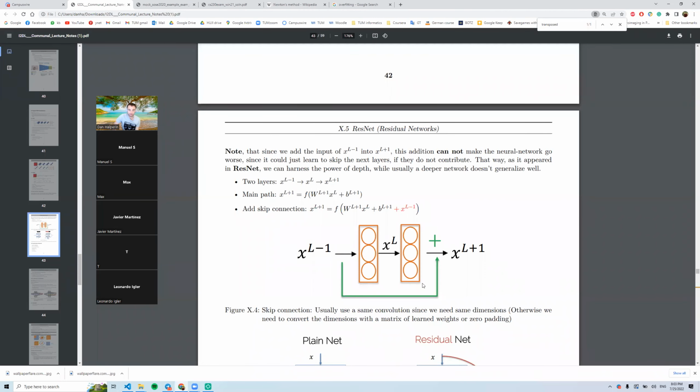You could set these to 0. For example, if these layers are bad and they have weights, we could set them to 0, and then the network would continue as if there was nothing here. That's what I mean.